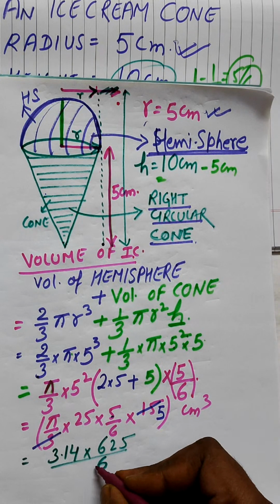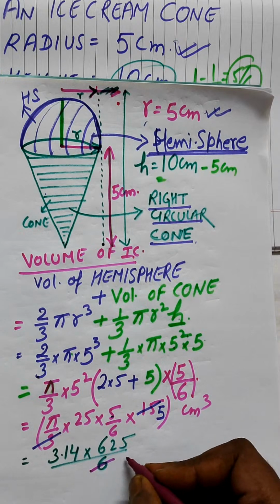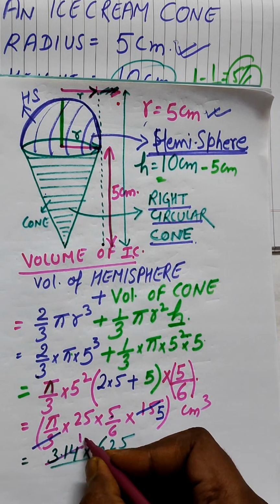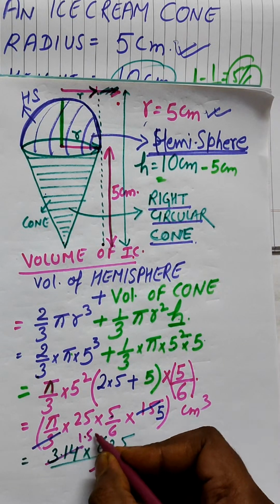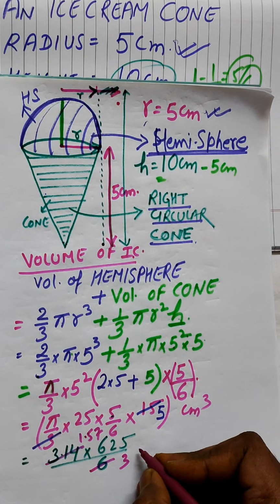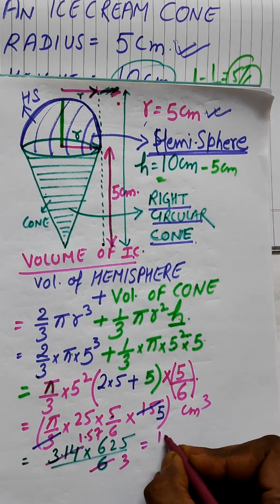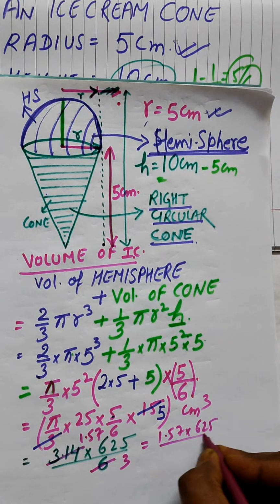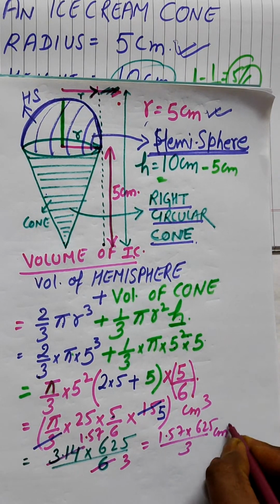From 2 3 times, and 2 1 2 2 5 10 2 7 14, 1.57 into 625, right? So it's 1.57 into 625 by 3 centimeter cube.